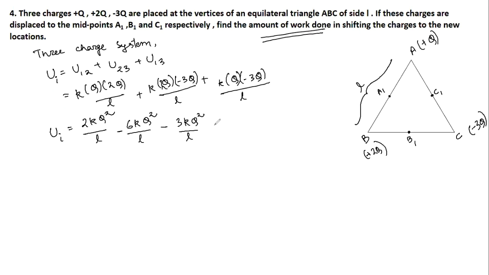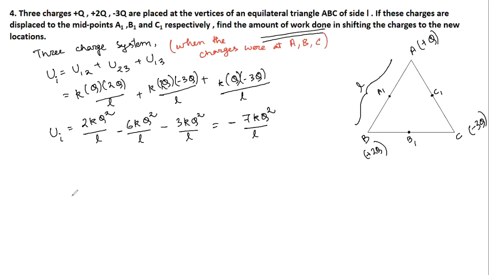If you do the calculation, you will get around minus 7KQ square by L. So this will be our initial potential energy when the charges were at A, B, C.